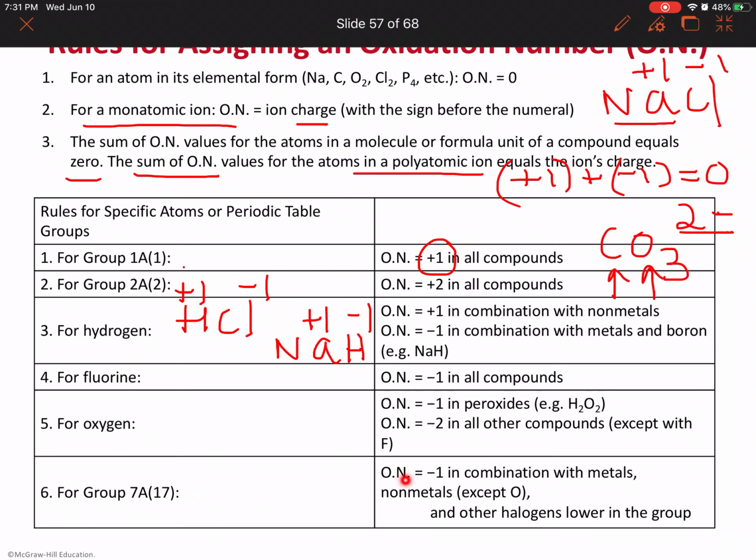Oxidation number is going to be -1 in combination with metals, like sodium chloride, right? With metals, sodium is +1, so the chlorine has to be -1, chloride. And with non-metals also -1, except oxygen and other halogens lower in the group, because if you have oxygen with chlorine, the oxidation number can change.